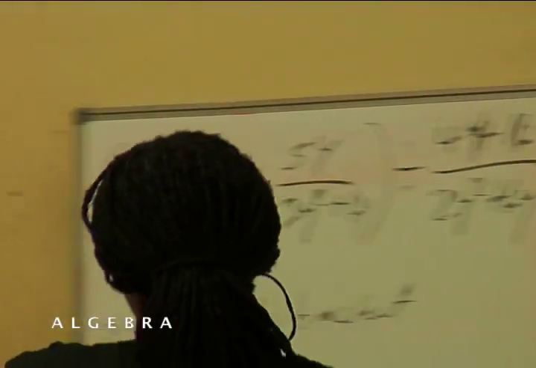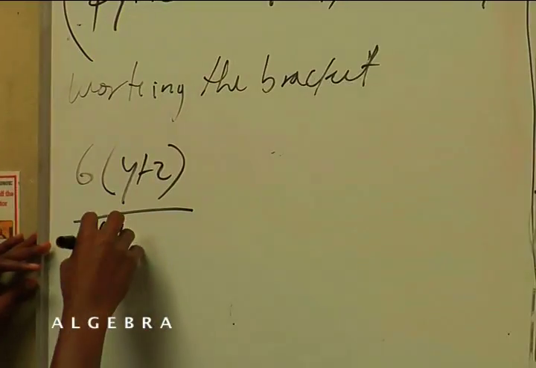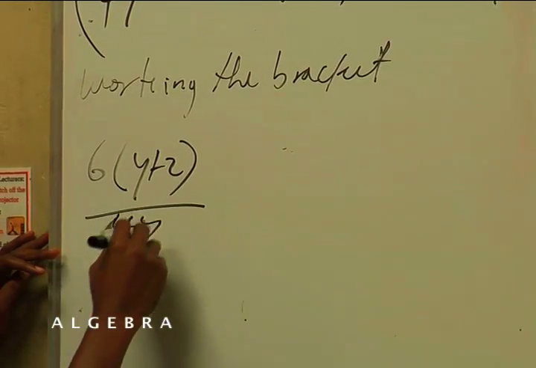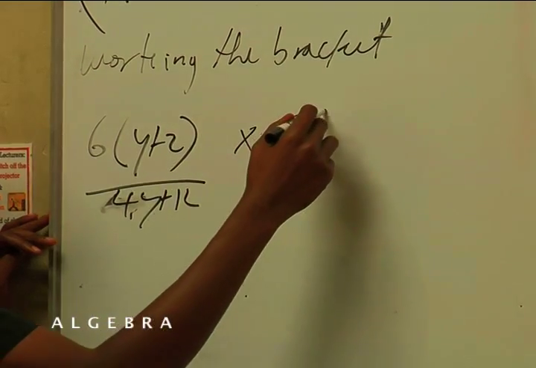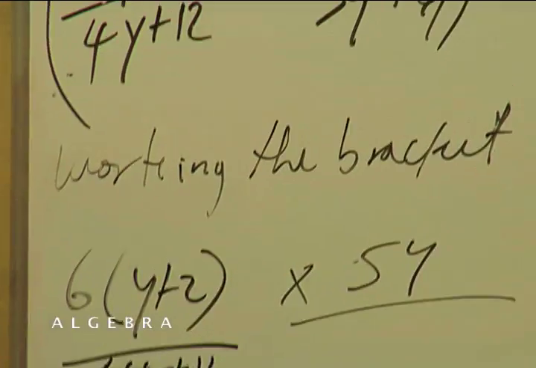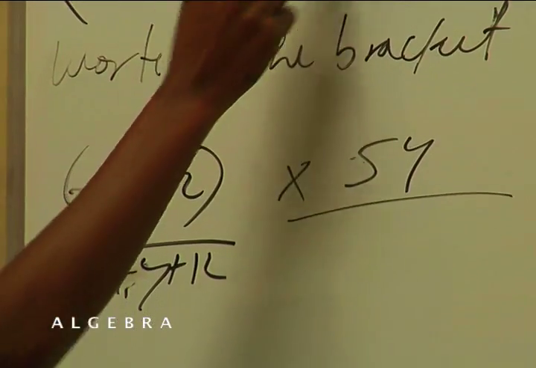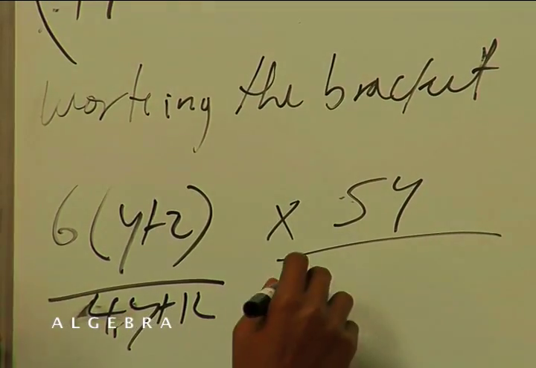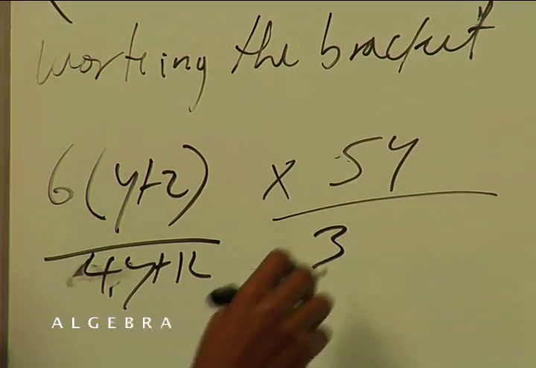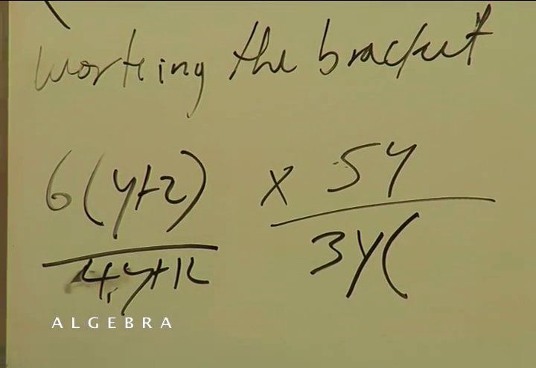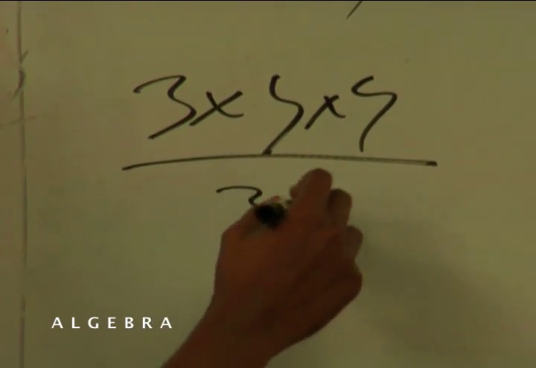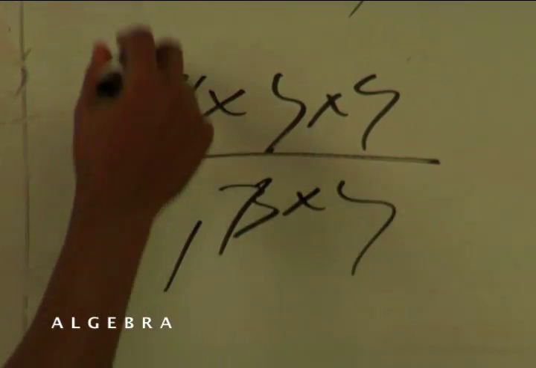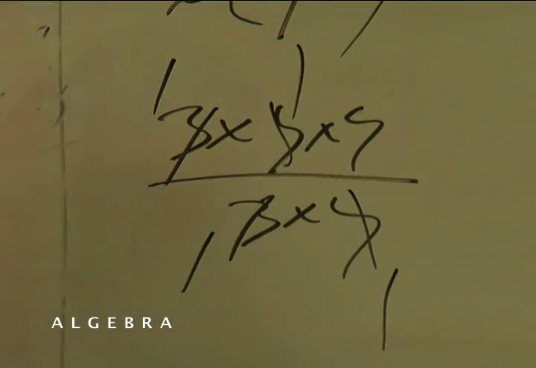So this is this over 4y plus 12, times 5y. I'm going to factorize this. What number is common? What letter is common? Bracket. 3y squared is 3 times y over 3 times y. 1, 1, 1, 1.